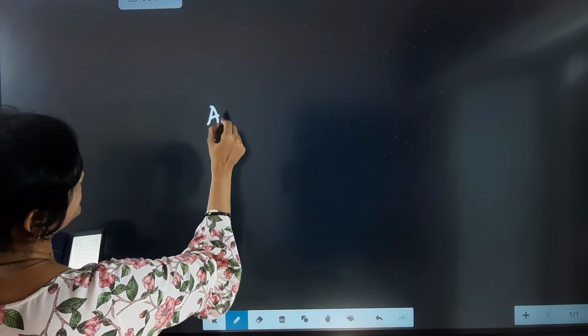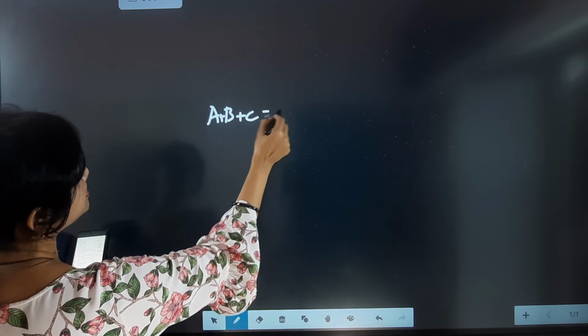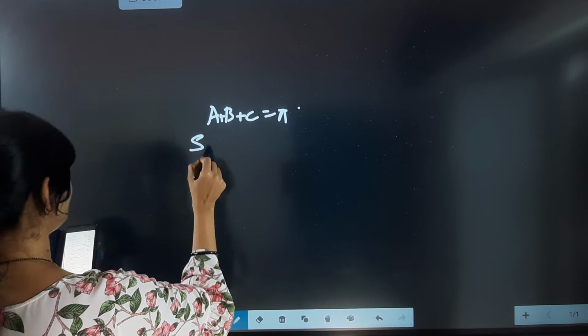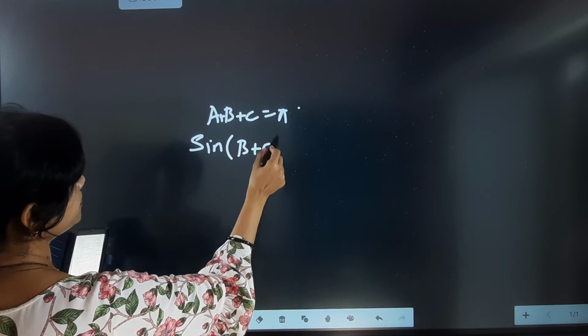Now the next question says that if A plus B plus C equals pi, then what will be the value of sin(B plus C)?